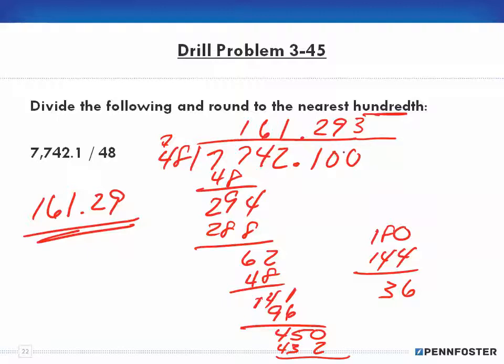I can just go, well, I know 5 would mean it rounds up. And 5 times 40 is 200, which is greater than 180, so I don't need to do anymore. I know I'm going to round down and make my answer 161.29. Little shortcuts. Not tricks, it's just thinking and bringing all of your knowledge into play, and knowing what tool to use at what time.